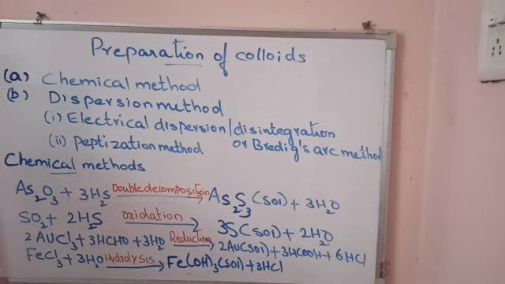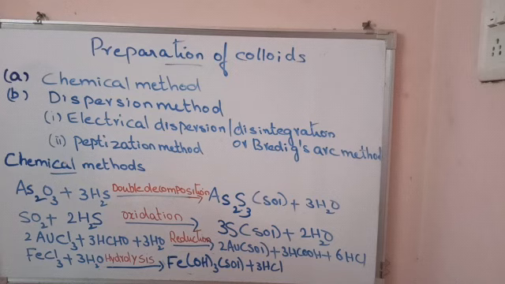Gold, platinum and silver sols can be prepared by reduction of their salts. For example, gold sol can be prepared by reducing its salt AuCl3 using the reducing agent formaldehyde.